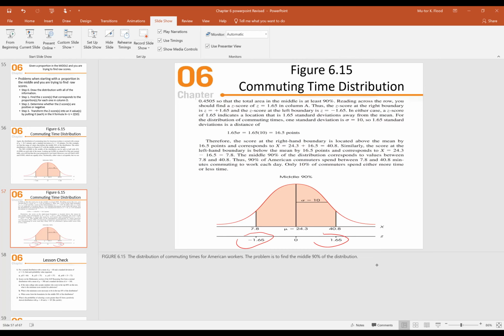All right. So if we put both of those into our x formula, right? So x equals the population mean plus the z-score times the standard deviation.